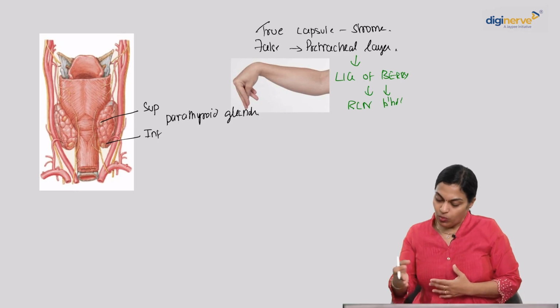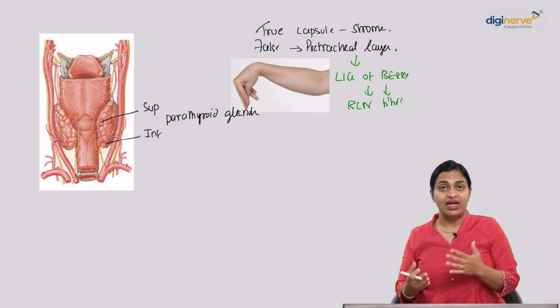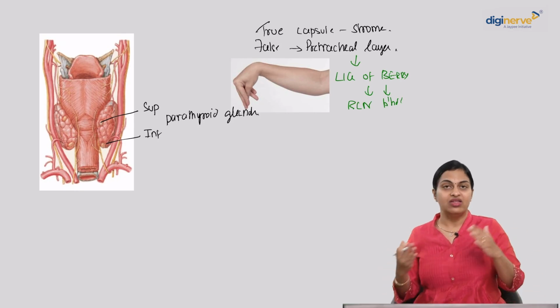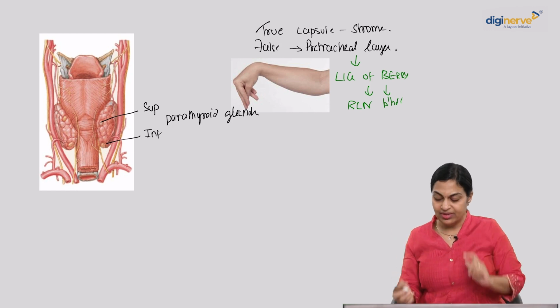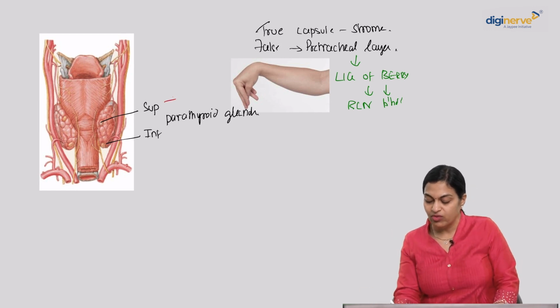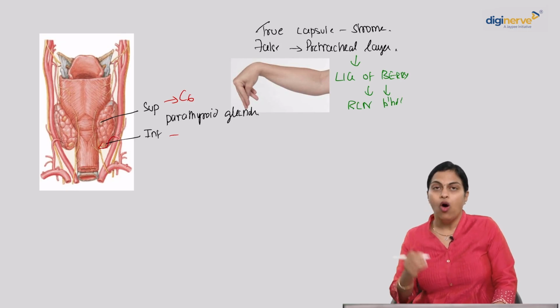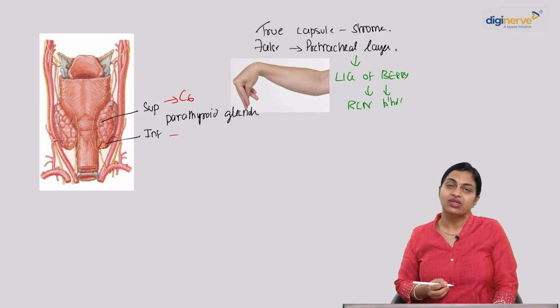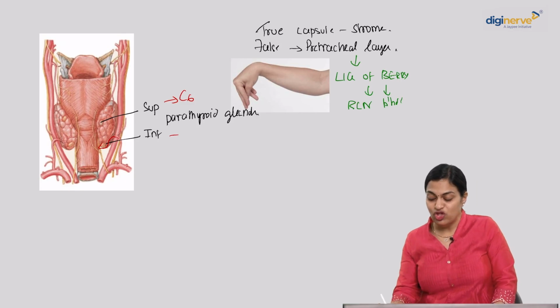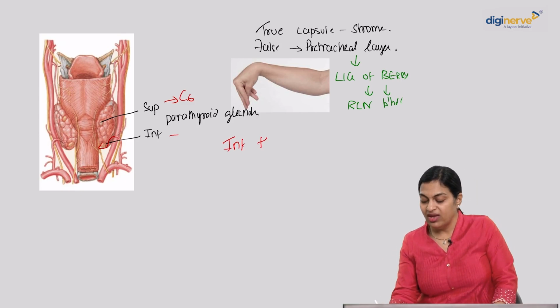So the superior and inferior parathyroid glands lie between the true capsule and the false capsule. The location of the superior parathyroid we saw, right? C6. The inferior parathyroid may lie either above or below the loop of inferior thyroid artery. The chief source of blood supply to the parathyroid is the inferior thyroid artery.